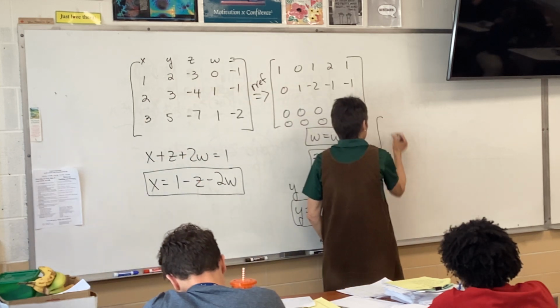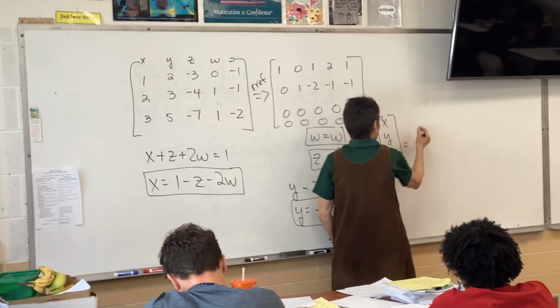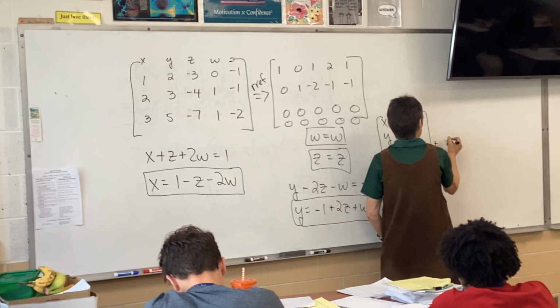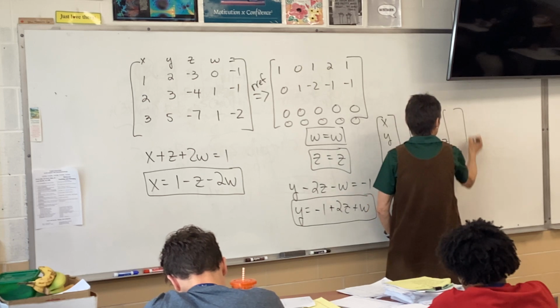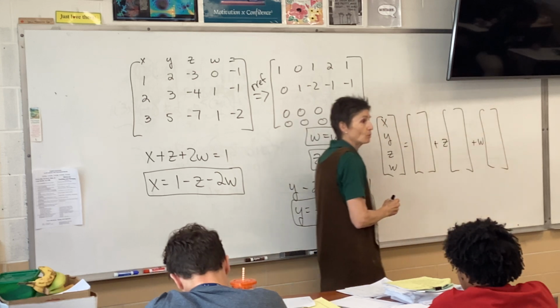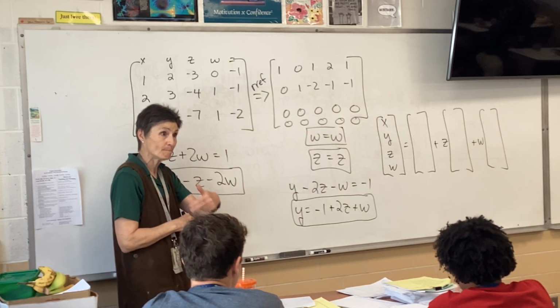So, x, y, z, w. I'm gonna have a number, I'm gonna have a z, and I'm gonna have a w. Does this make sense to everyone, that in order to organize everything, I'm gonna need 3 columns this time?